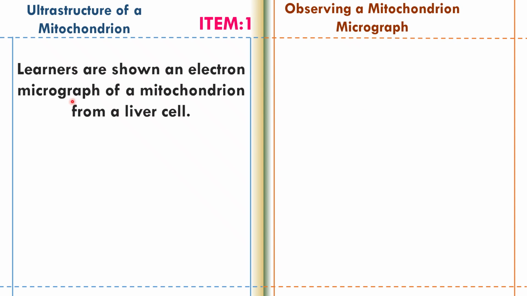Let's start with the ultrastructure of a mitochondrion. Item 1: observing a mitochondrion micrograph. Learners are shown an electron micrograph of a mitochondrion from a liver cell.